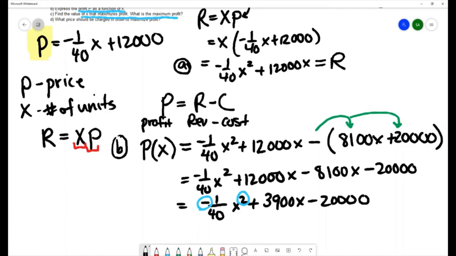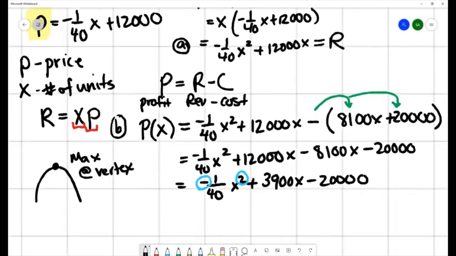Now the graphs of quadratic functions are going to be parabolas. And we're looking for the maximum, and if we have a parabola that's down facing, the maximum will occur at the vertex.